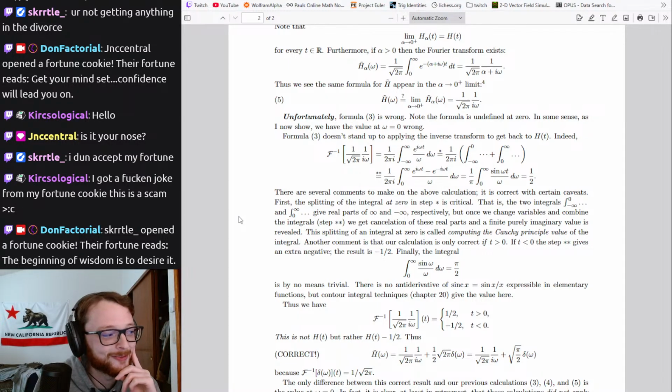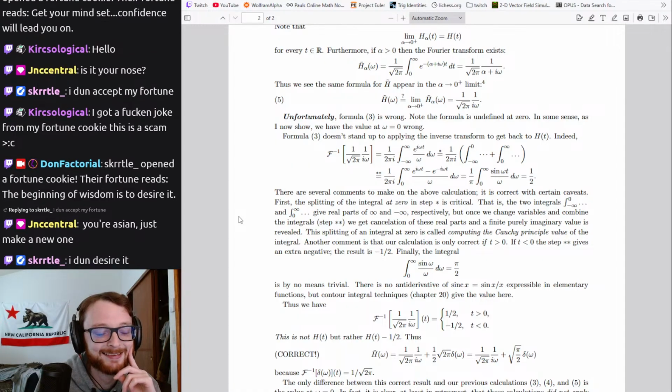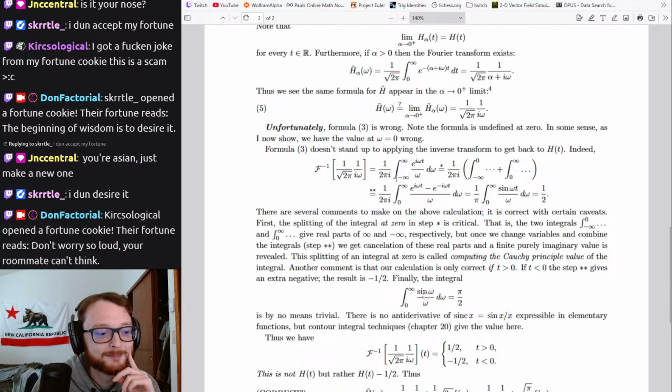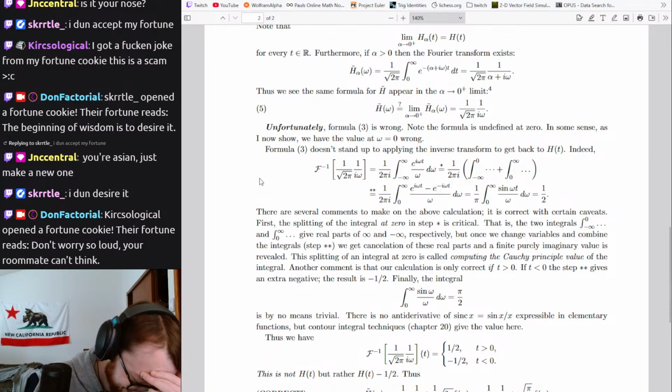These fortunes are really hit and miss. The beginning of wisdom is to desire it. I guess so. That's not a bad fortune. Just make it one. Skirtle just desires the doo-doo. Don't worry so loud, your roommate can't think. That's such a terrible fortune.